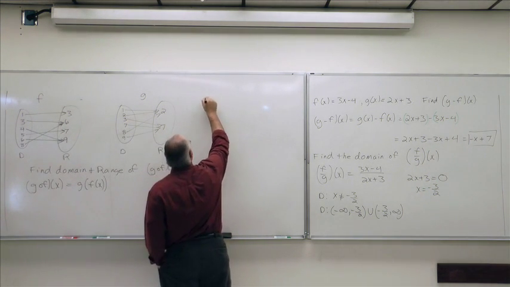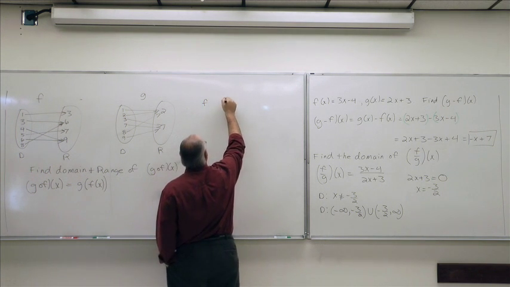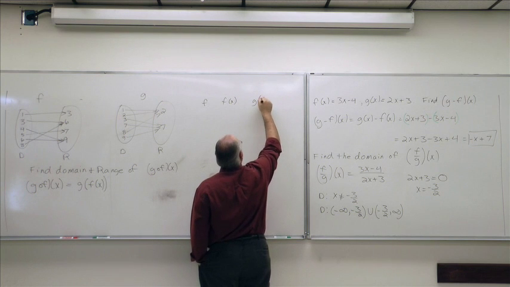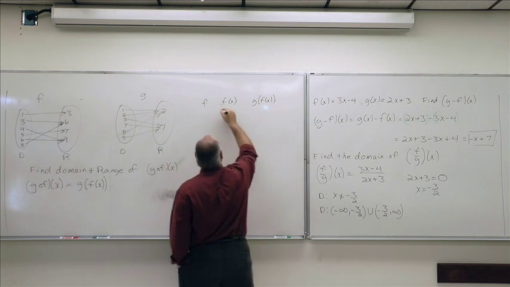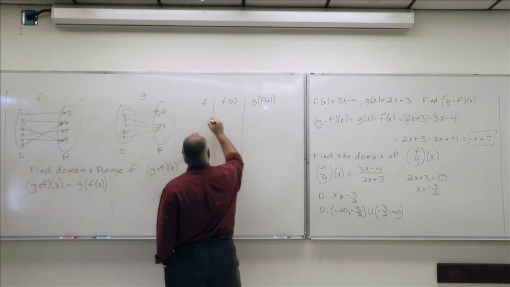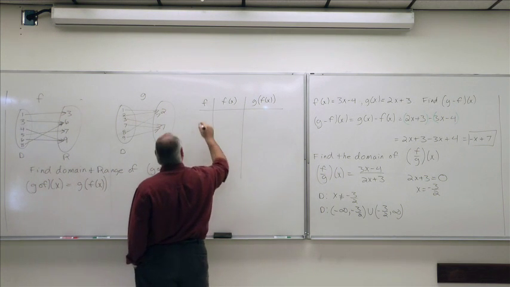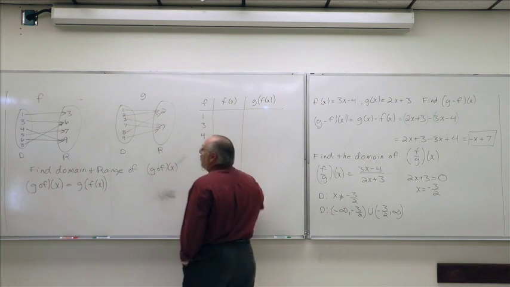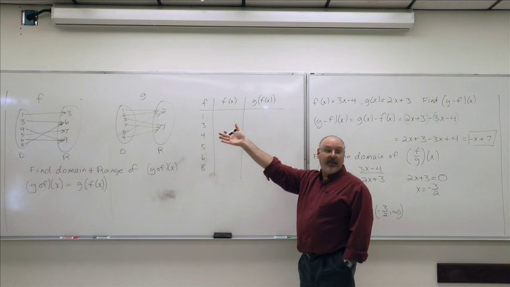So f of x, and g of f of x. We'll make a table. So for the f's, we know we can have 1, 3, 4, 5, 6, and 8. Now the f of x, those are right there.